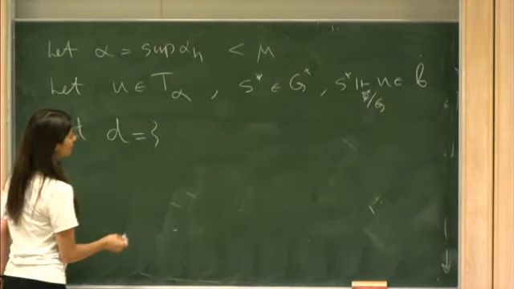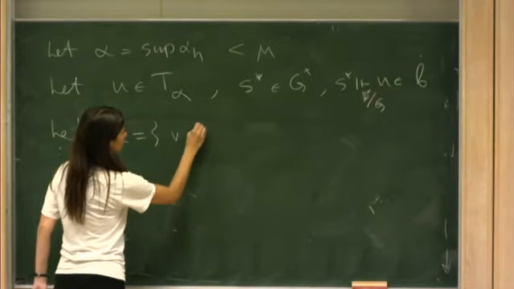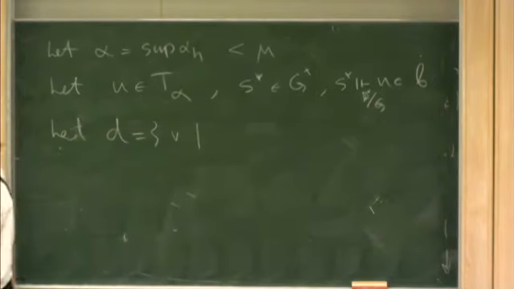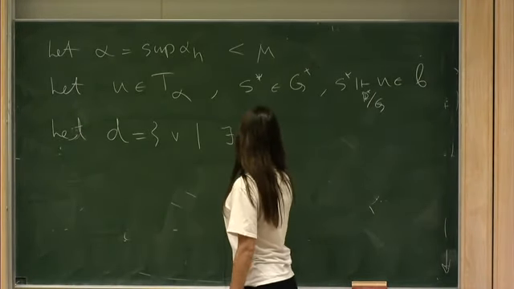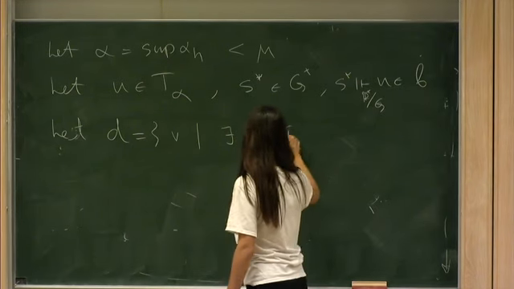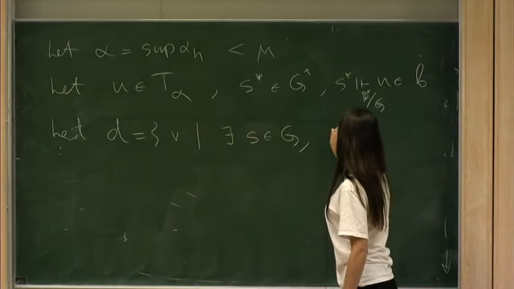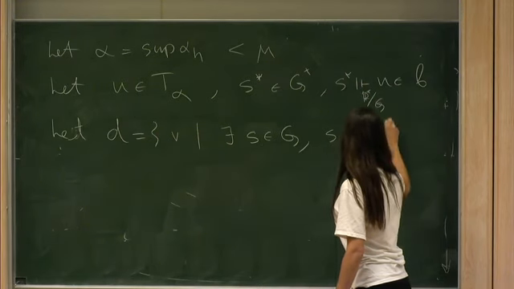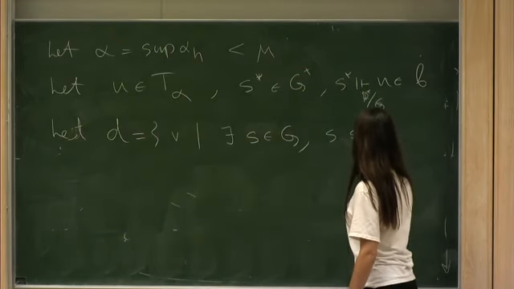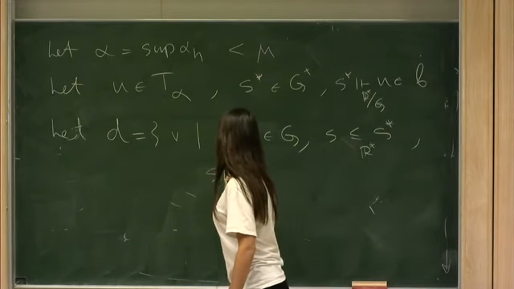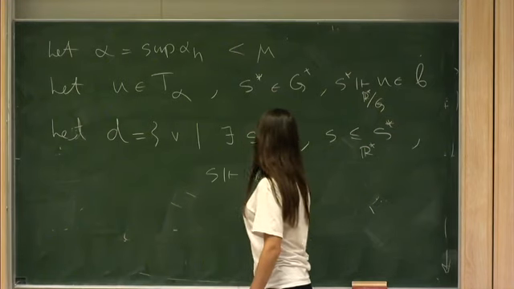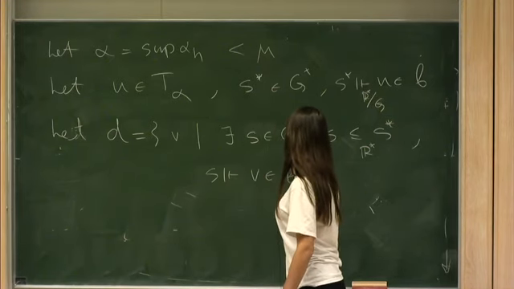Let D be the set of all nodes V such that there exists S in G, S is less than or equal to S star, less than or equal with respect to the R star order, and S forces V is in the branch B.